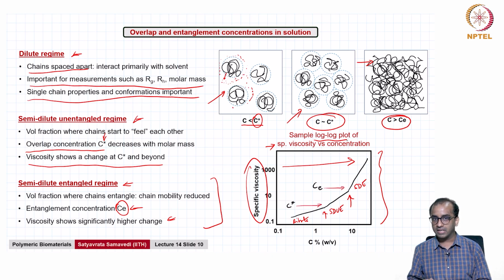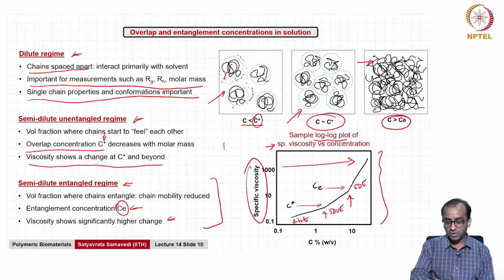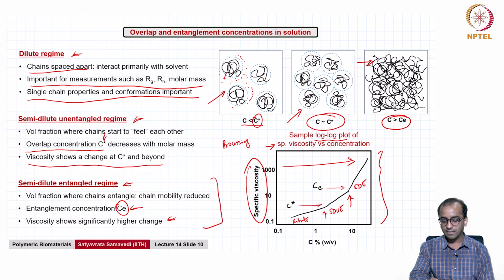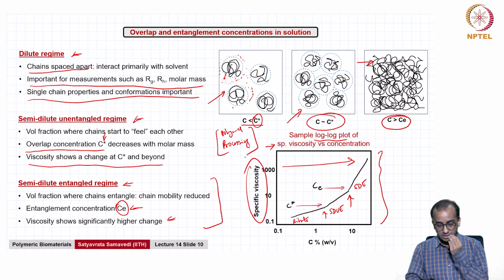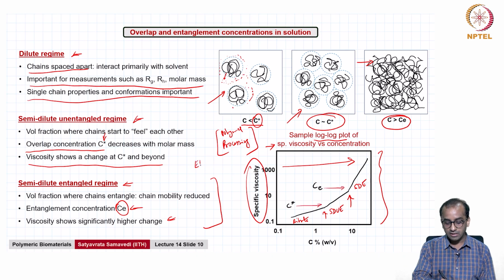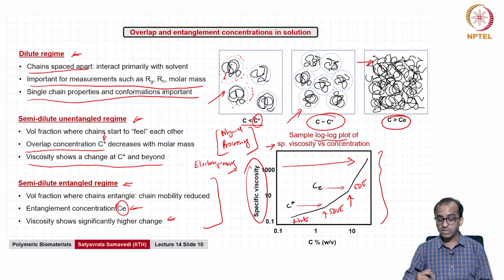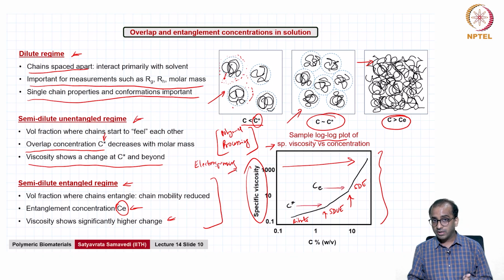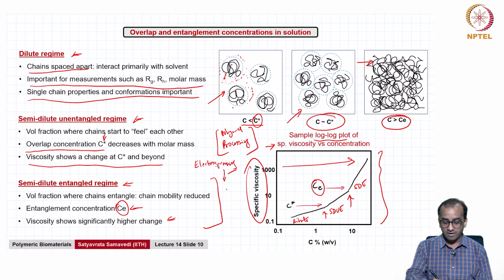The second important idea is this becomes very important for polymer processing. Solution properties are largely important primarily for processing, and particularly with reference to biomaterials, there is a very important technique called electrospinning, which we will have a chance to look at in some detail in a later lecture, where you have to operate above the critical entanglement concentration, well above the critical entanglement concentration, for you to be able to form fibers.